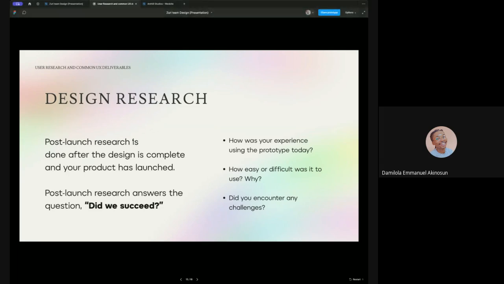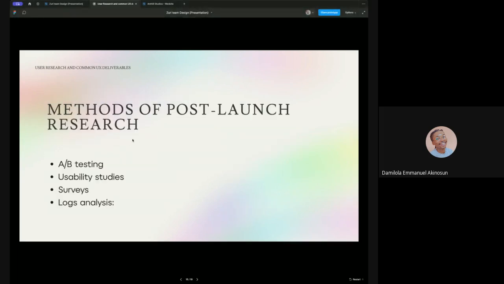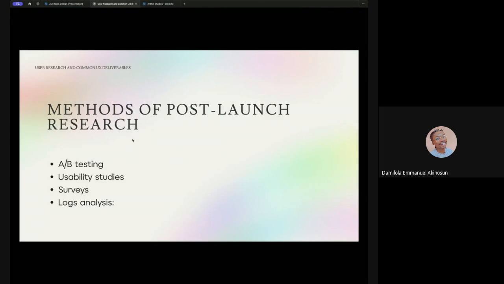So, methods of post-launch research, we have A/B testing is also here, right? A/B testing is also here because A/B testing not only comes in handy when you're still designing, it comes in handy when you're doing QA.